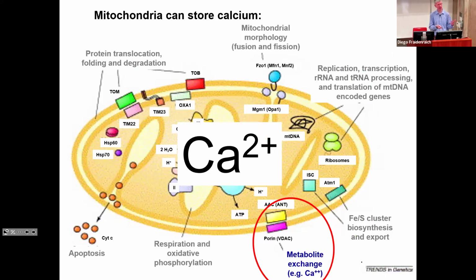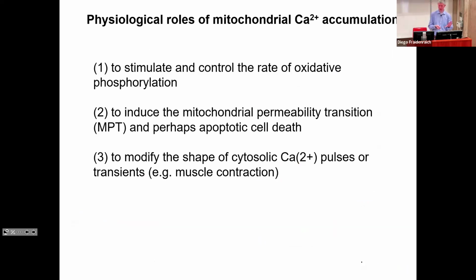Just calcium release is another feature of mitochondria. Just very briefly, it also stimulates oxidative phosphorylation, the ATP generation, but there is also some connection with apoptotic cell death.